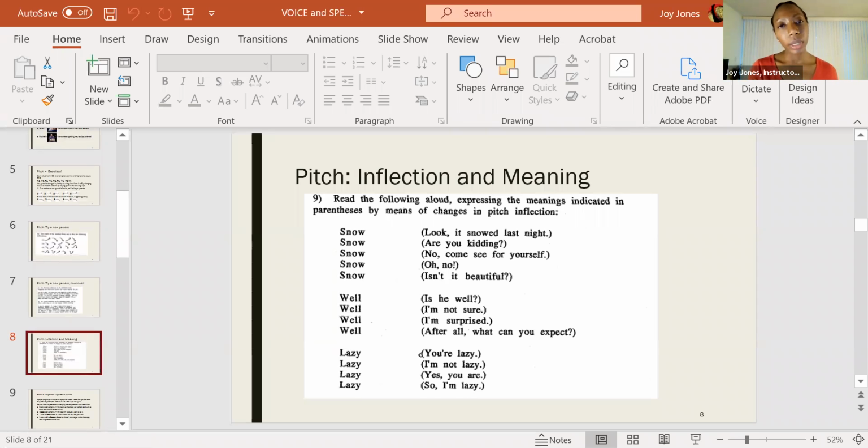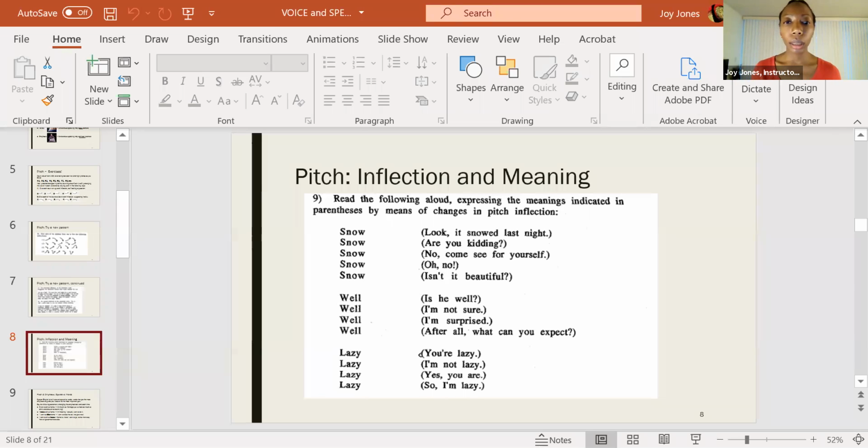The title of this slide is pitch, inflection, which just means a change in pitch or tone, and meaning. Even though English isn't particularly tonal or musical, we can still put a lot of meaning into individual words. The three words provided are snow, well, and lazy. For some of us in the DC area, we are experiencing some snow at last.